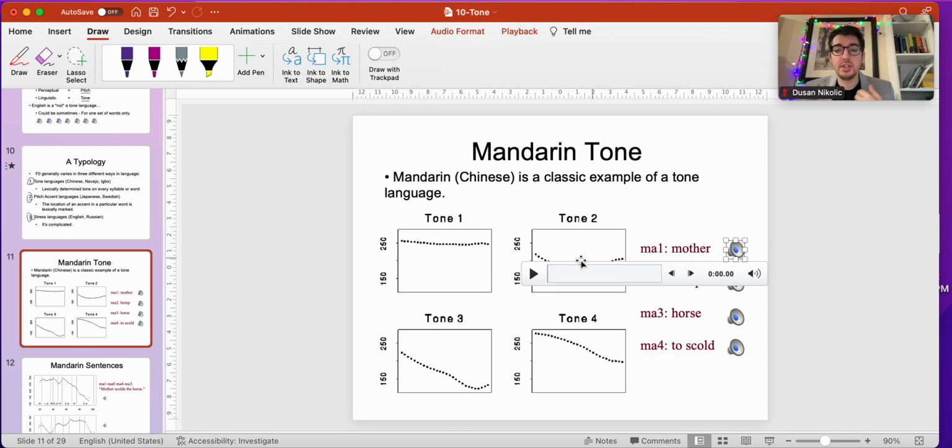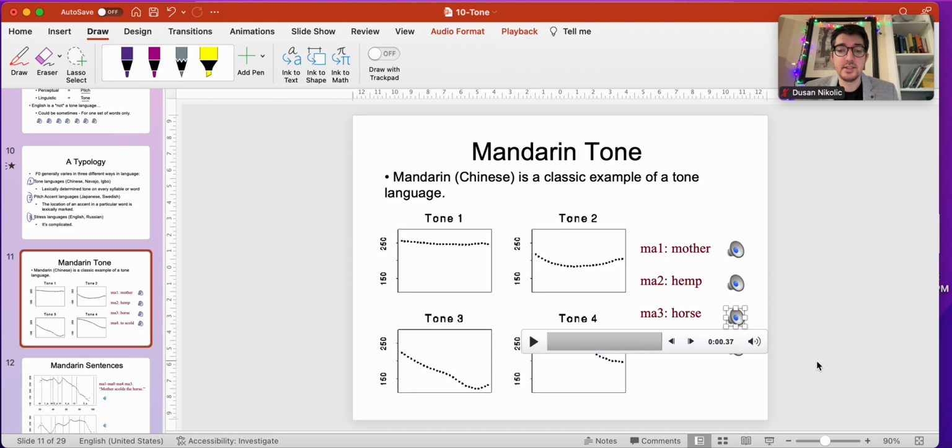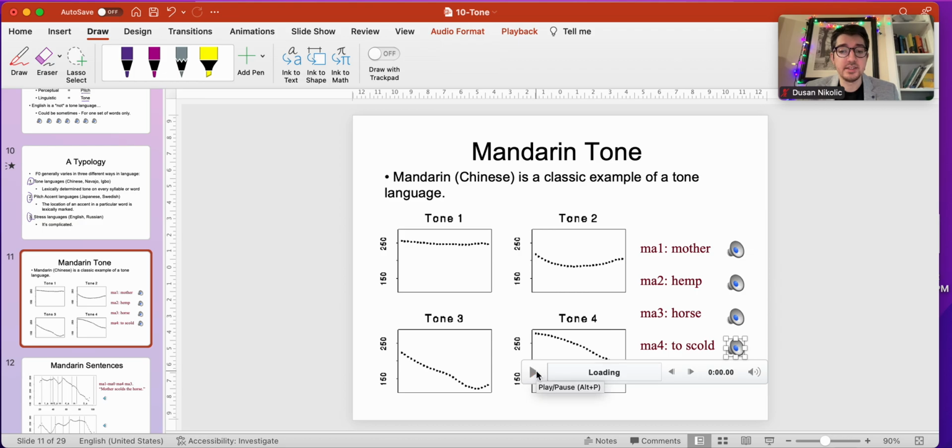So when they produce ma like this, they mean mother. When they produce ma like this, they mean hemp. When they produce ma like this, they mean horse. When they produce ma like this, they mean to scold.